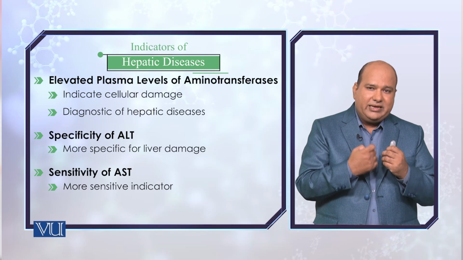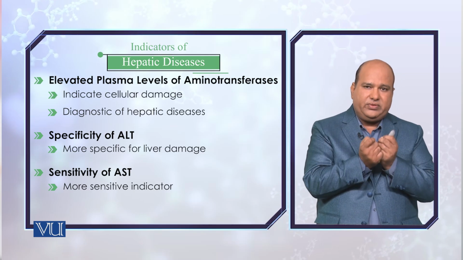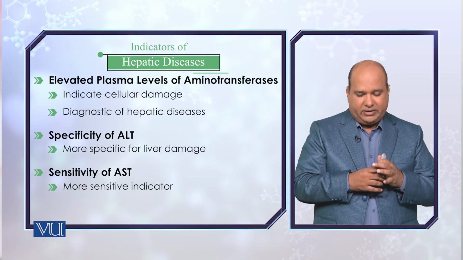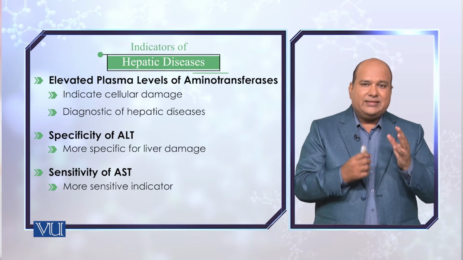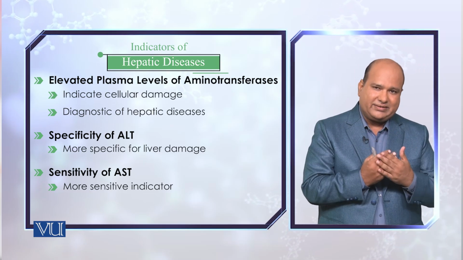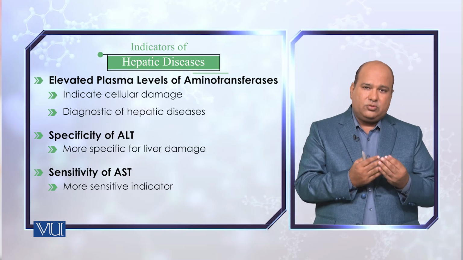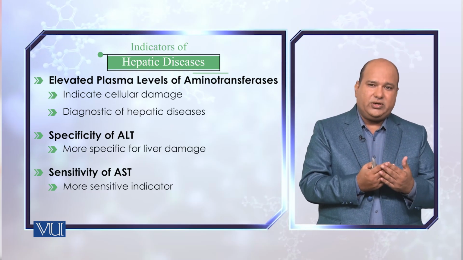It will lead to the leakage of these transferase enzymes into the blood plasma, and as a result this acts as a very important diagnostic test to find out whether or not your liver is functioning well. If there are more aminotransferases than the normal level, it means the liver has been damaged, whether because of some infection like hepatitis, or from any other shock to the liver.